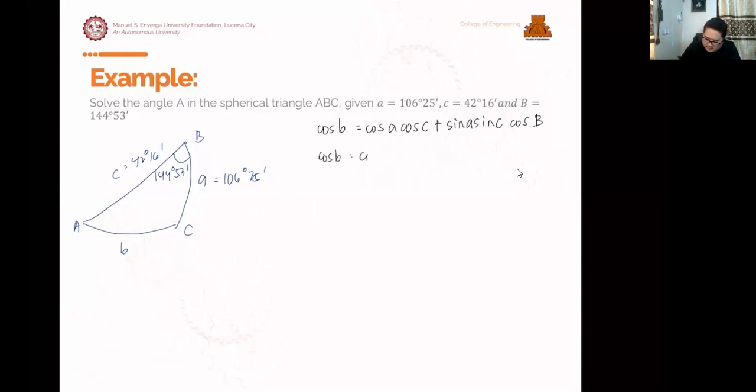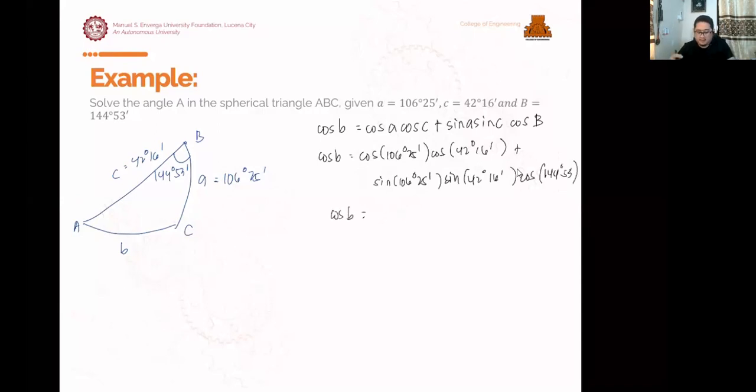Cosine B is equals to cosine of 106 degrees, 25 minutes, cosine of C is 42 degrees, 16 minutes, plus sine of 106 degrees, 25 minutes, times sine of 42 degrees, 16 minutes, then cosine of 144 degrees, 53 minutes. Okay? Then kunin lang natin yung value nun.